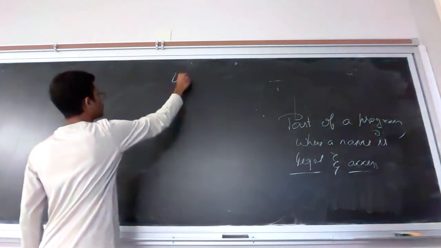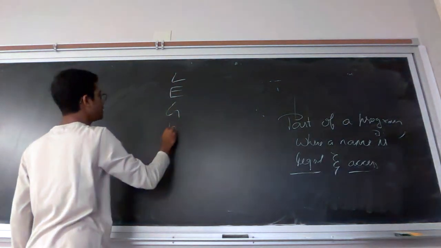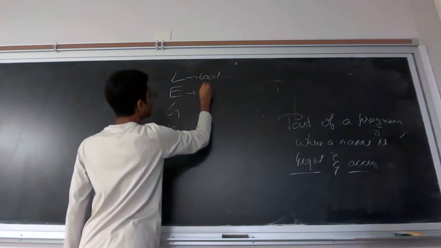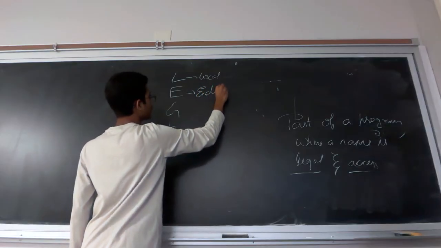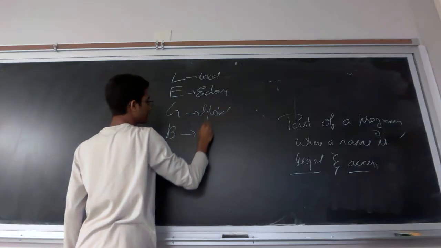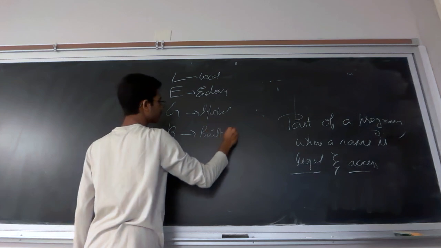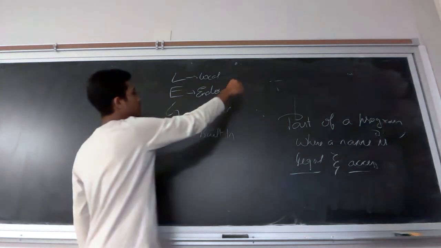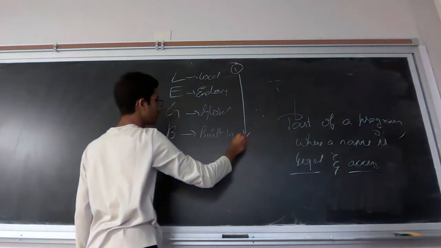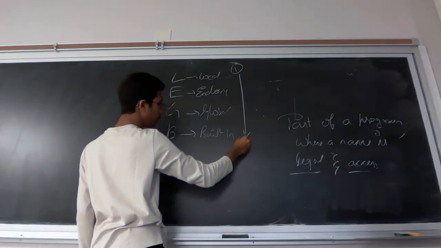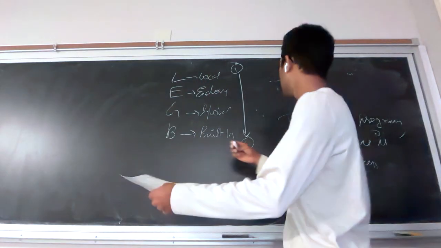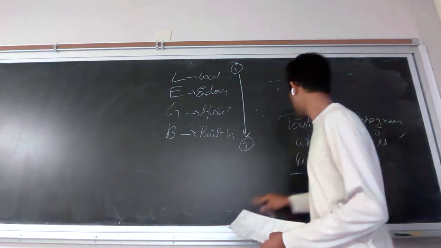Well, Python follows a rule called the LEGB rule, where L stands for local, E stands for enclosing, G stands for global, and B stands for built-in. Python checks in this order, with L being the first to be checked and B being the last to be checked. Let's consider an example program.